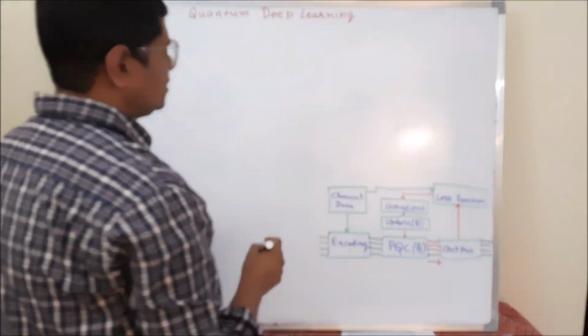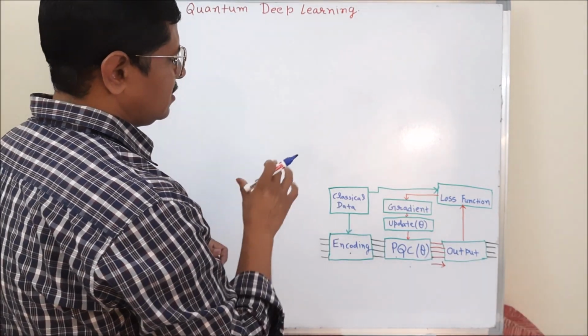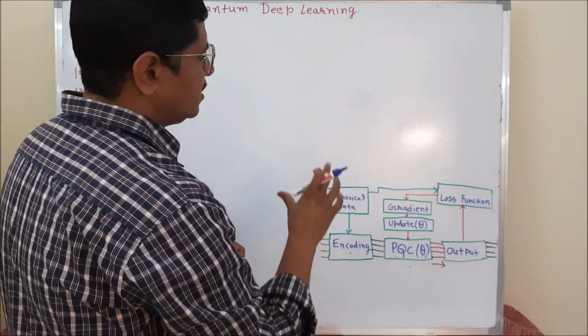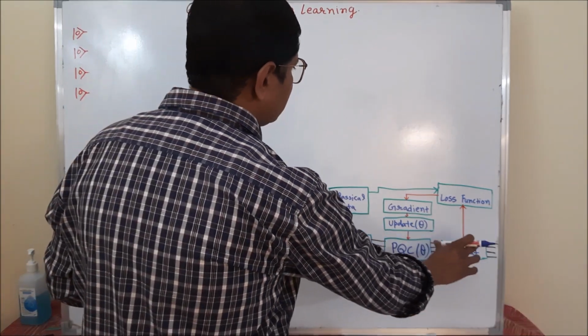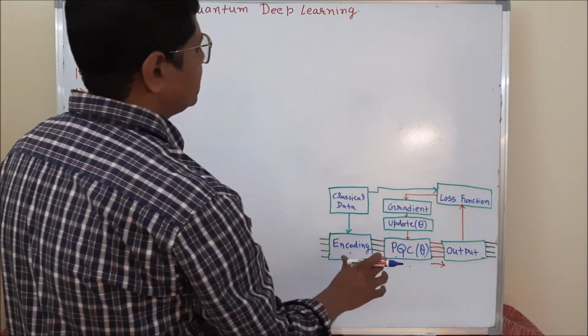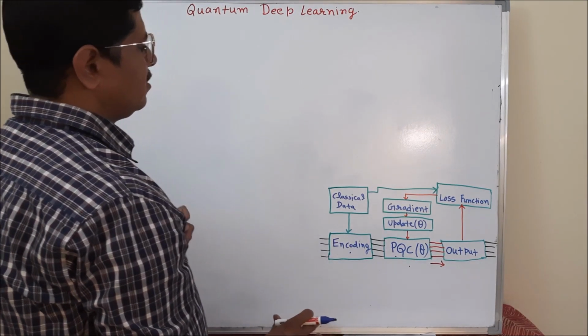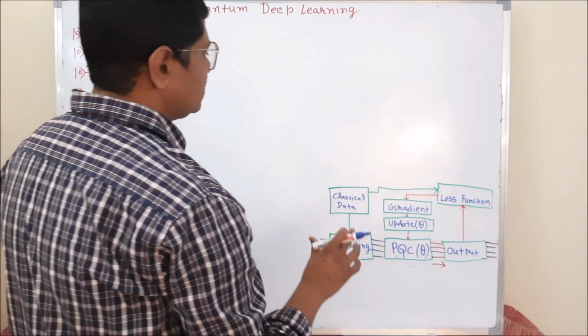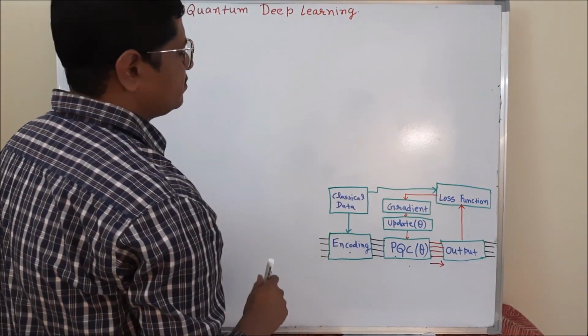Now, let us start with the flow architecture first. Then we will go through how we can achieve each part discussed in this flow architecture with the help of quantum circuit or quantum deep learning system. So first of all, there is classical data.